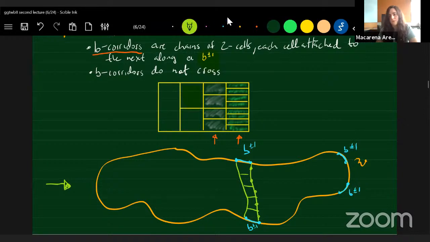And these are also connected by a corridor. And what we can do is push out the whole corridor and the sub-diagram that it bounds to obtain a shorter word.